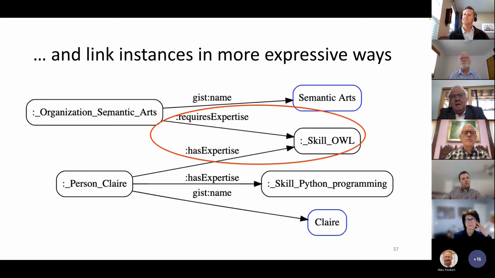Yeah, I think Rebecca's right in making up another property here. The question is, is "requires expertise" a sub-property of "categorized by"? And you'd have to say, is Semantic Arts an owl? Or we can say, what type of corporation are we? We're an S corp, I guess. But it doesn't seem like we're categorizing ourselves as that.